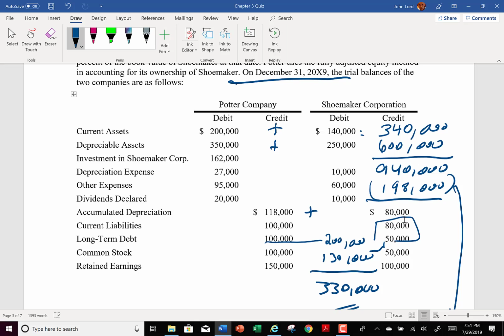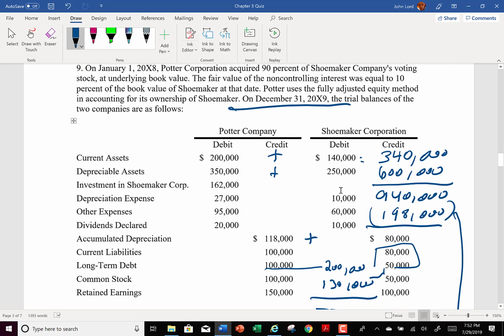Okay, good. Now, I'm going to keep going down here and just do a statement of retained earnings for the parent. And again, they're giving me information.